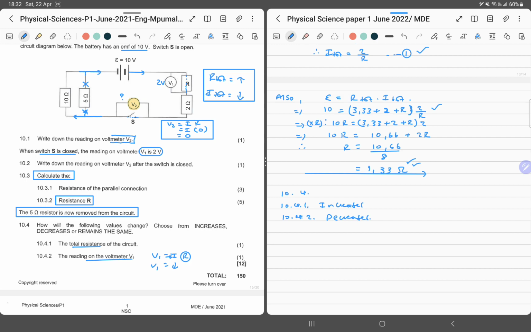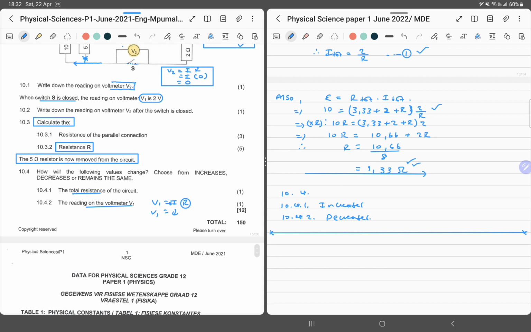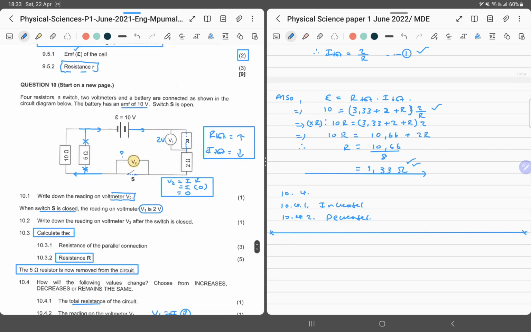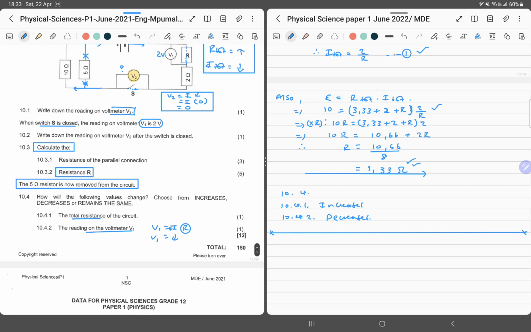Okay? So that is it, guys. This is how you can go through a paper like this. I felt this paper is a little bit difficult as we're going through it. So I can see that these guys were truly tested. Okay. Again, it doesn't mean though that the questions are outrageous. They are quite good. And in fact, it's an excellent paper.